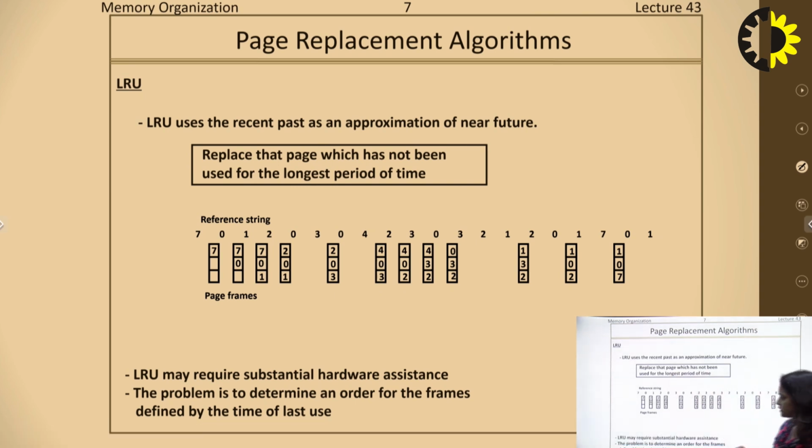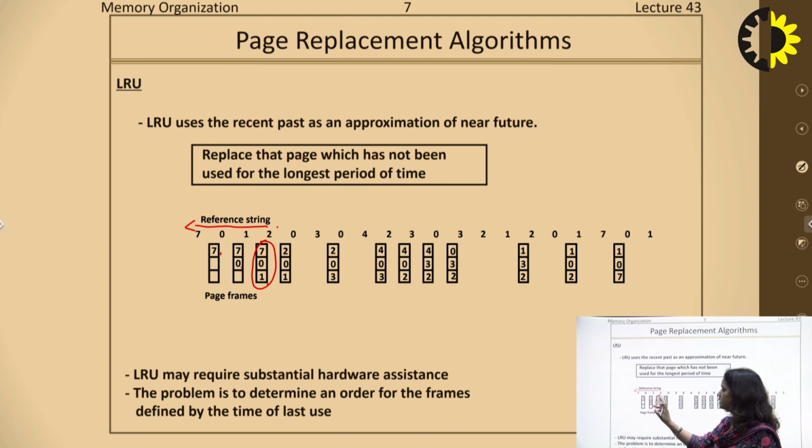Same as we did in FIFO: insert 7, then insert 0, and then 1. We have 3 frames in our virtual memory. Now when 2 comes, out of the 3, which needs to be replaced? We look back into the past from the 2. Which one is the farthest from this 2, that is, which has not been used for a long time?